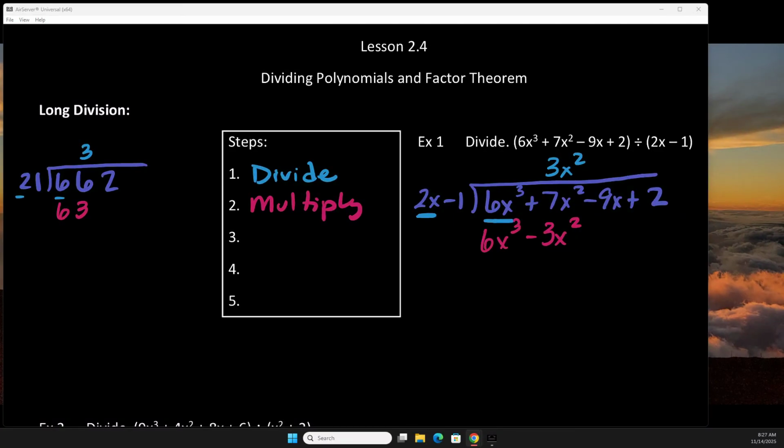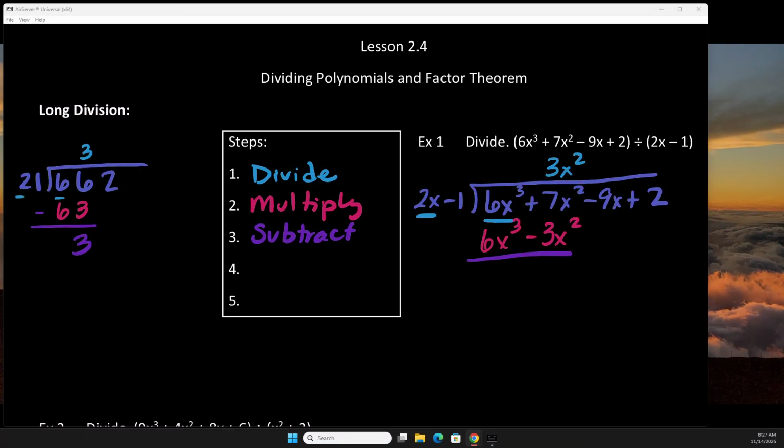All right. Now, our next step, if we go back to long division with just numbers, is to subtract. Subtracting numbers is way easier than what we have to do when we subtract these polynomials. So we have to be really careful that we subtract both of these.